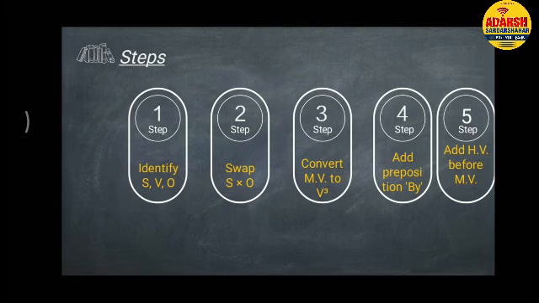Fourth step, add preposition by. We put by before the subject. And fifth step, add helping verb before main verb. We put the correct helping verb before main verb. So these are 5 steps, and with the help of these 5 steps, we are going to convert our sentences of past continuous tense.